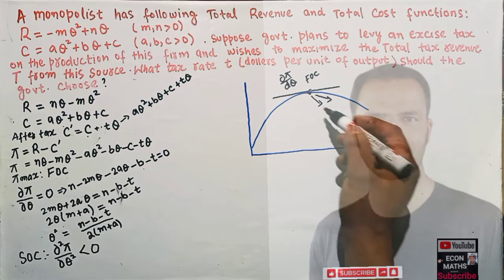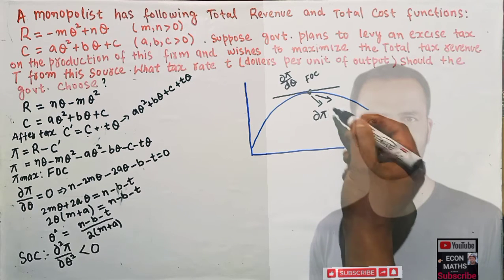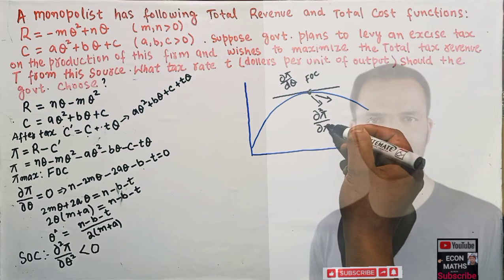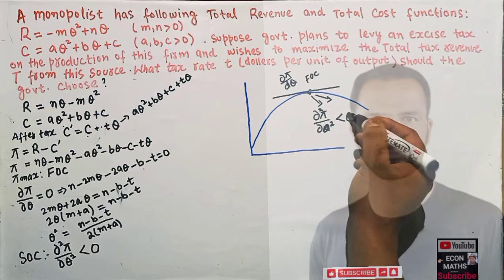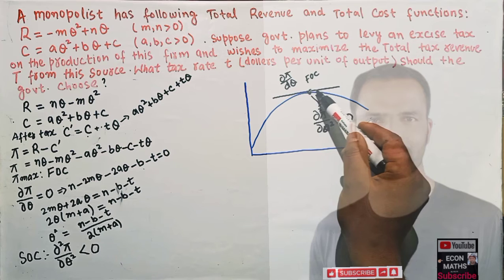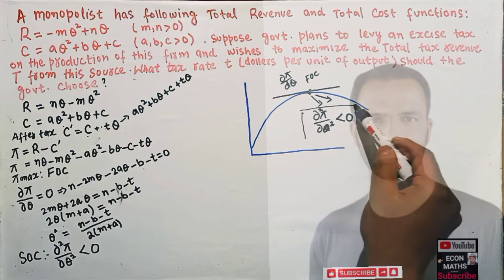To make sure, we use the second order condition, that is d square pi upon dq square should be less than 0. Obviously, when we reach this point and want to go further, the slope becomes negative, and this is satisfied by this condition.